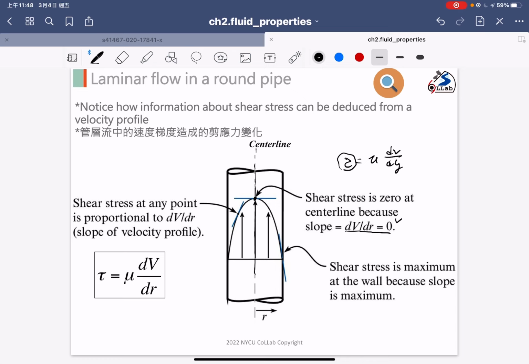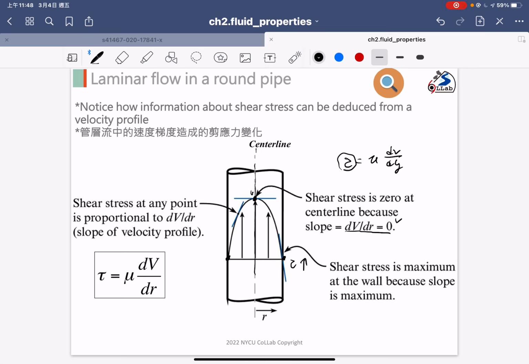But on the round boundary here, the velocity gradient is larger. That indicates the shear stress is larger at this point, and the velocity at this point is smaller. Where the shear stress is smaller, the velocity will be larger.